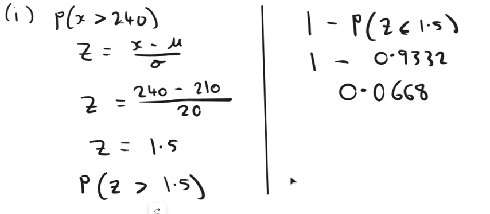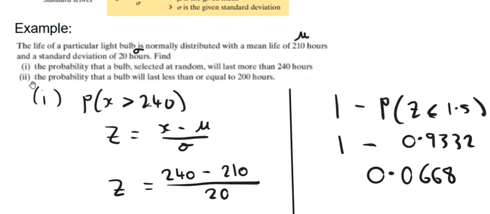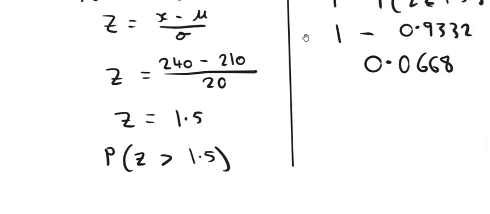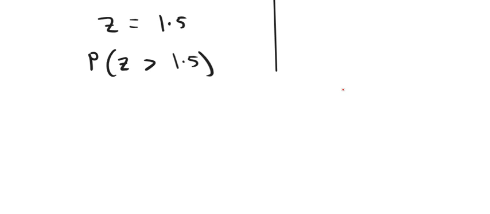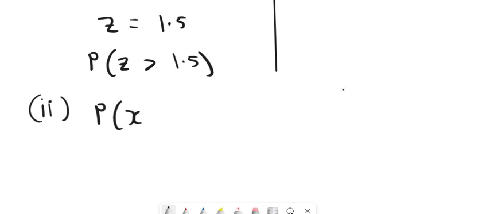So second part is to find the probability that the bulb will last less than or equal to 200 hours. So this is part 2. So we have to find the probability that x is less than or equal to 200 hours.